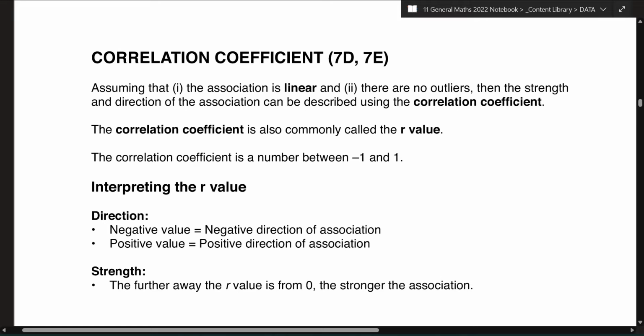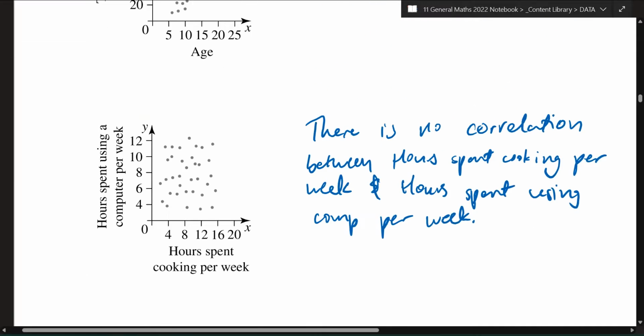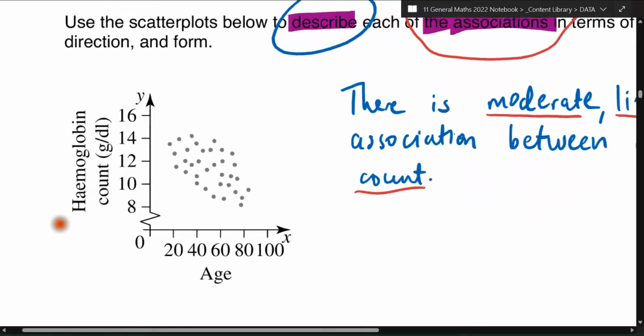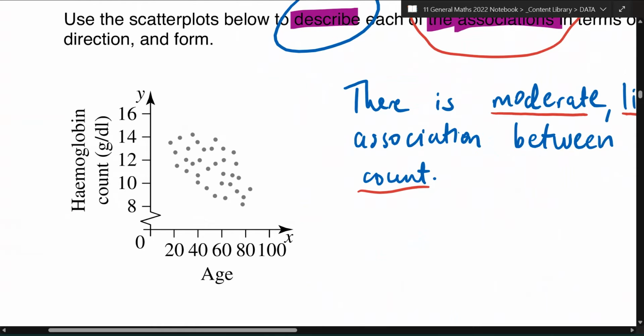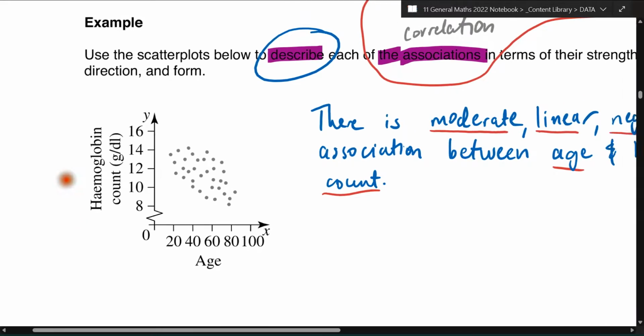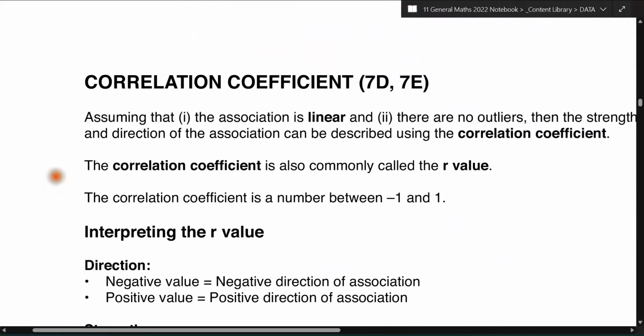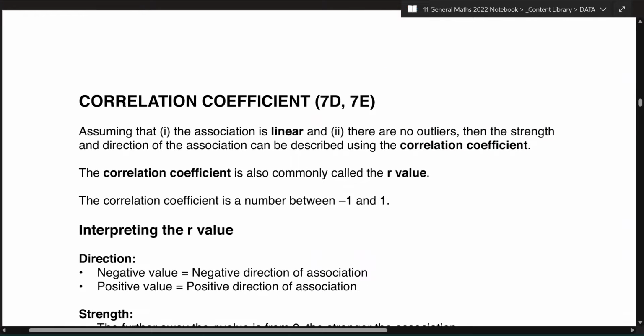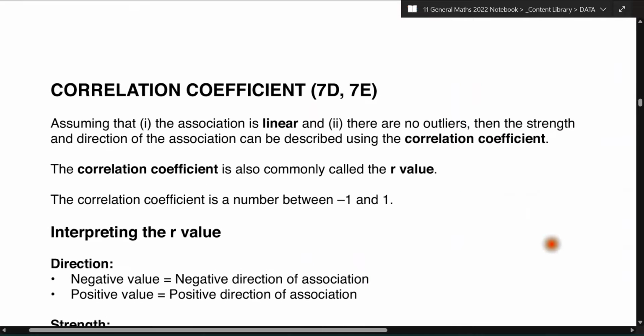This is a lot more accurate because it will give you a definitive answer. Sometimes when we looked at these graphs, some of you may have said, I think that's pretty moderate, and some of you might say, no, I think it's weak. But now we're going to have an actual numerical value where we can tell what the strength is, or what the direction is, and all that.